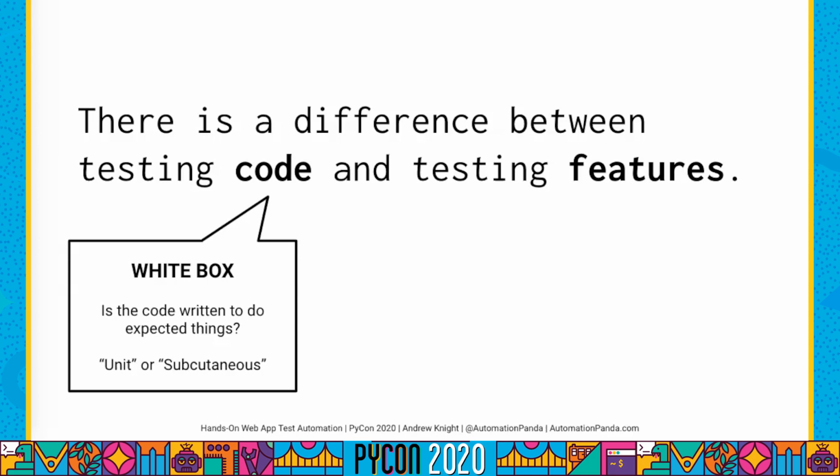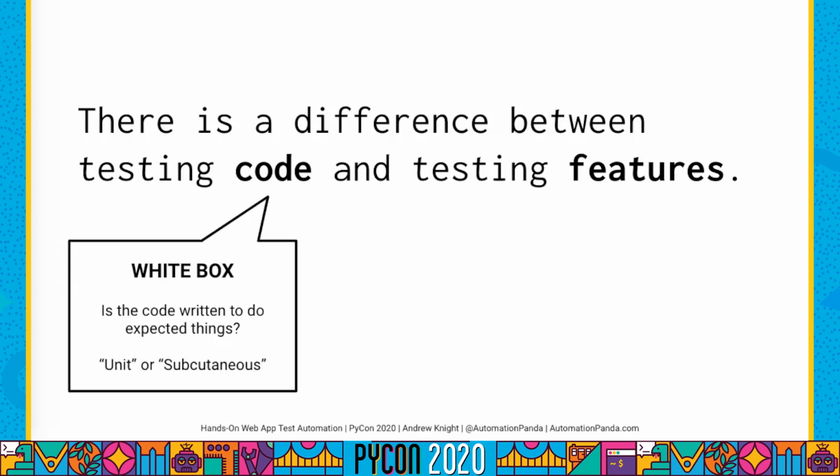And what we're looking for is to ask, is the code written to do expected things? So for example, if I have a function and it takes in two numbers and the expectation is that it adds the two numbers, I could have a whole bunch of white box tests that would put in different combos of numbers and assert that the sum is what is returned.